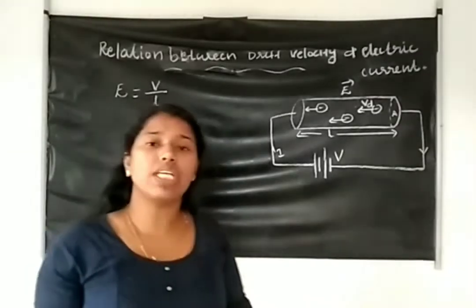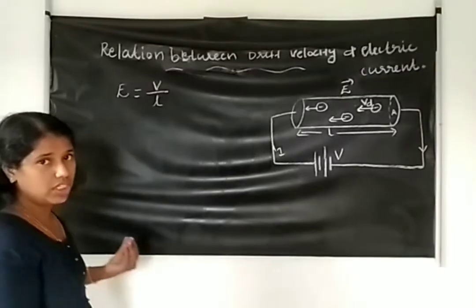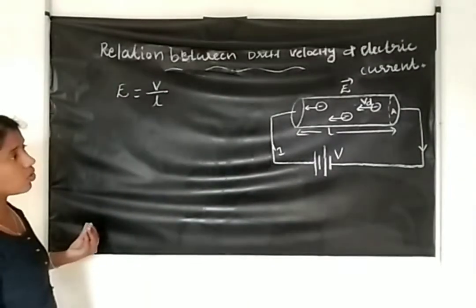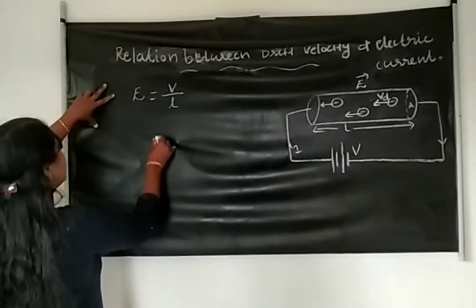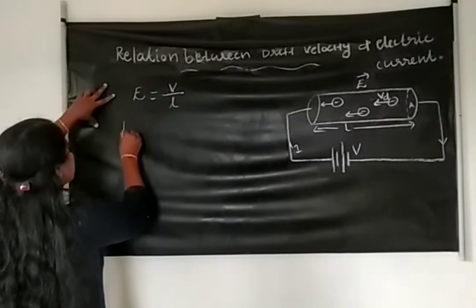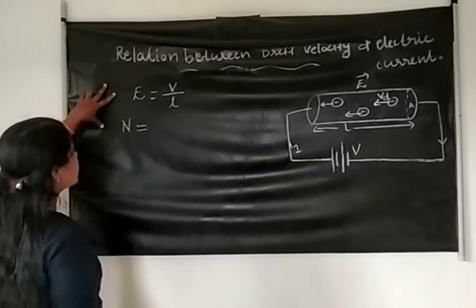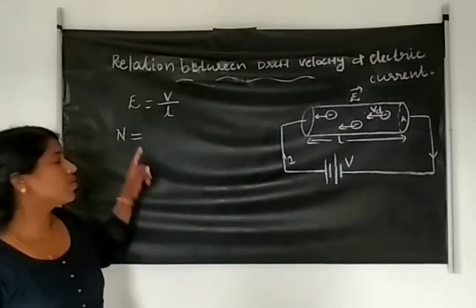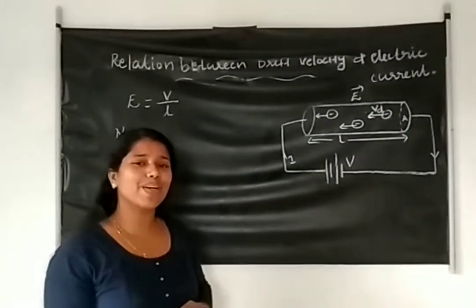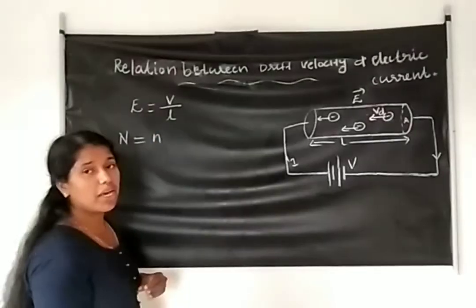First we calculate the total number of electrons in the conductor, capital N. N is equal to the number of free electrons per unit volume, n, into the volume of the conductor.